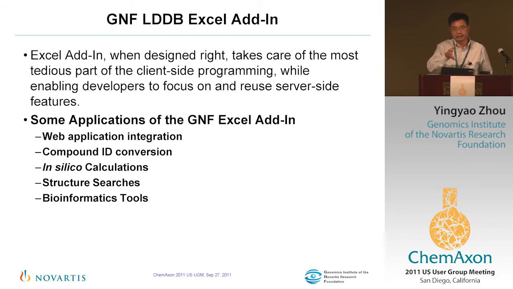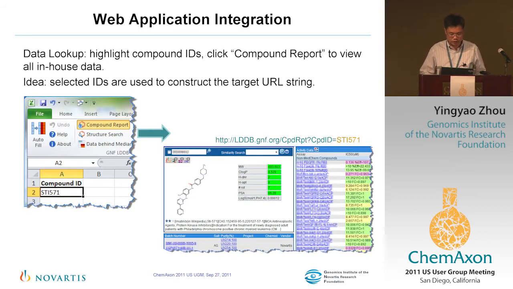How do you, within Excel, talk to the compound database and pull out the SMILES for them, or do other things? How do you do in silico calculation without memorizing the ChemAxon formulas? How do you launch structure search within Excel? The demo mostly focuses on some bioinformatics applications, just to avoid any IP issues with showing compound data.